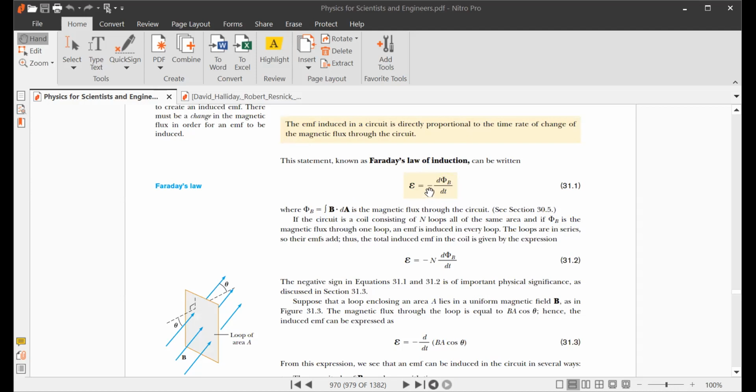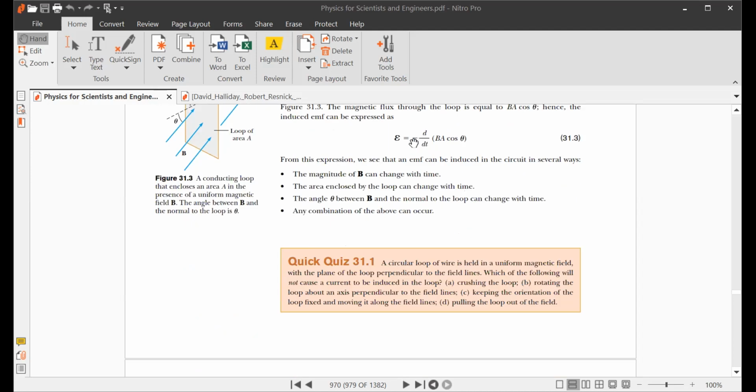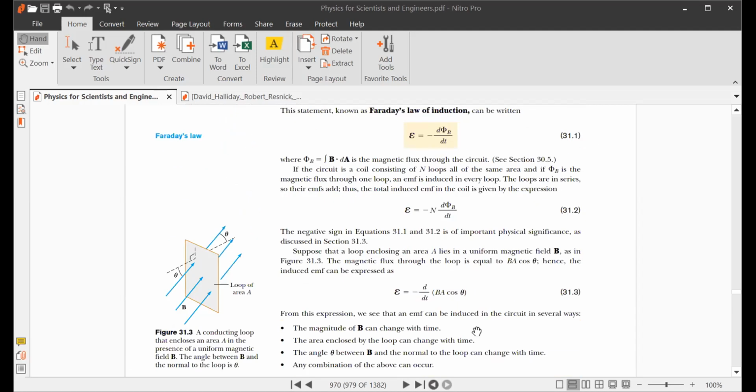This minus here shows that this epsilon, the induced electromotive force, is against the original magnetic field, okay, this minus. So we get minus d over dt of BA cos theta.